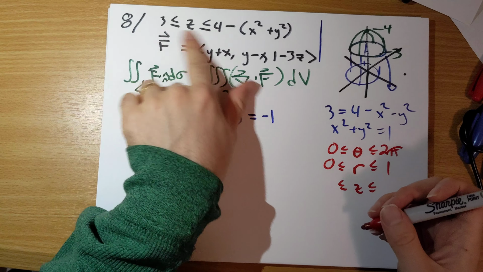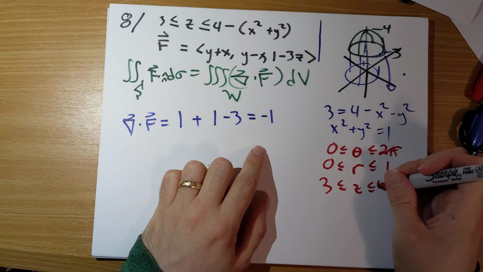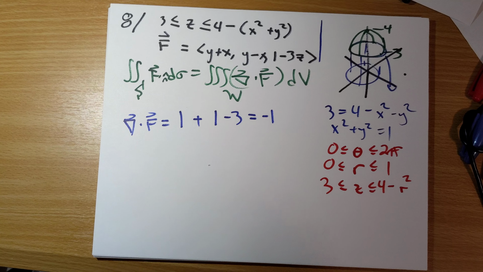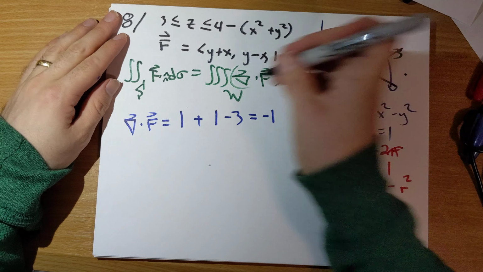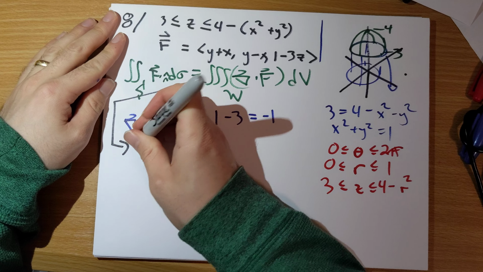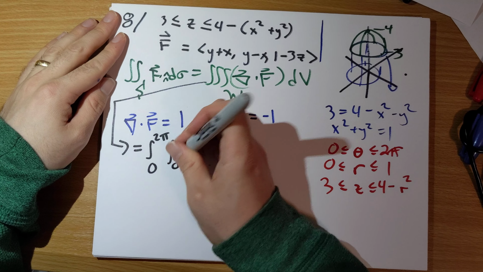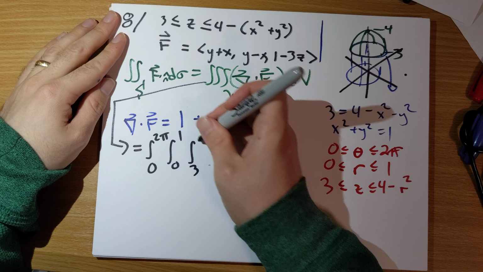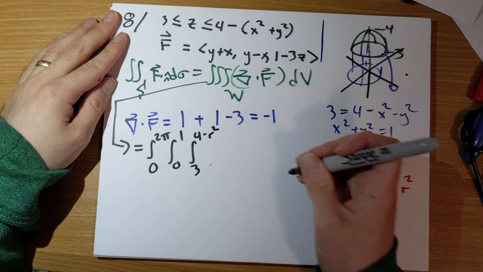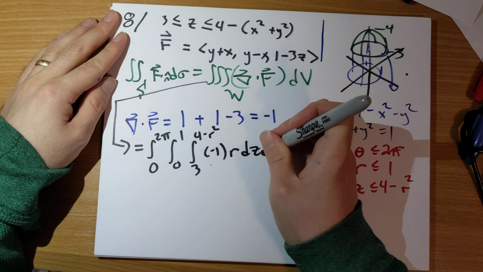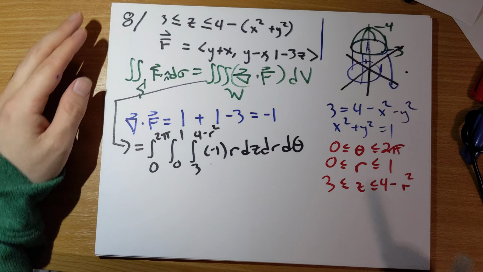And then the bounds for z are given to us in the problem once we replace x squared plus y squared with r squared. So this integral is equal to the integral from 0 to 2 pi, 0 to 1, 3 to 4 minus r squared of negative 1 r dz dr d theta.